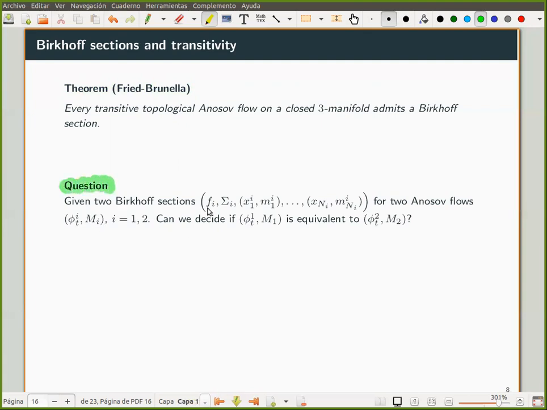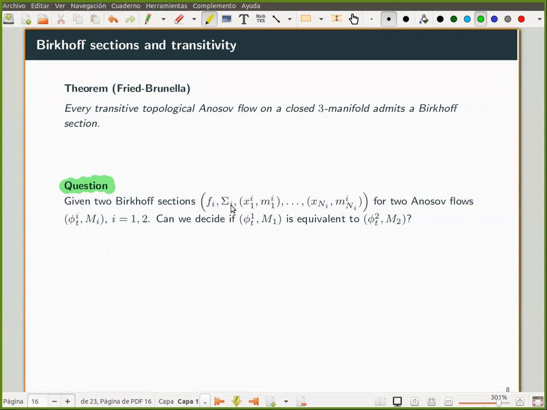Given two Birkhoff sections for any two Anosov flows, so consider we have two Anosov flows phi_i in three manifolds M_i, and for each flow we have a Birkhoff section.